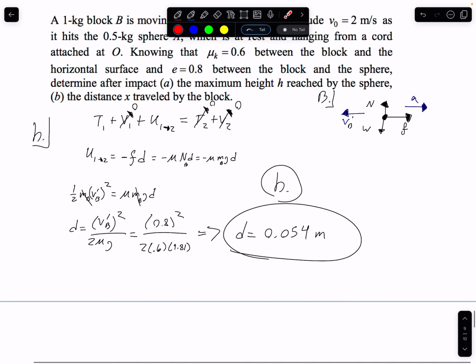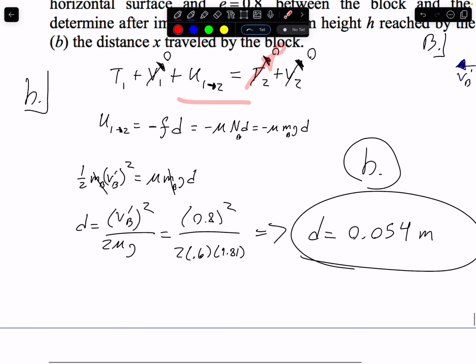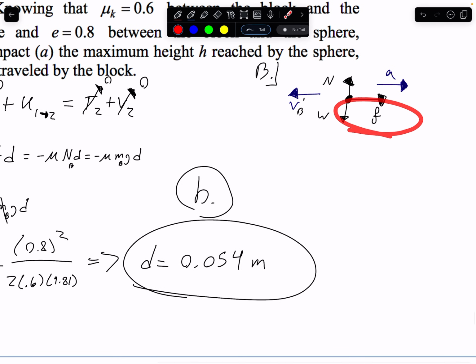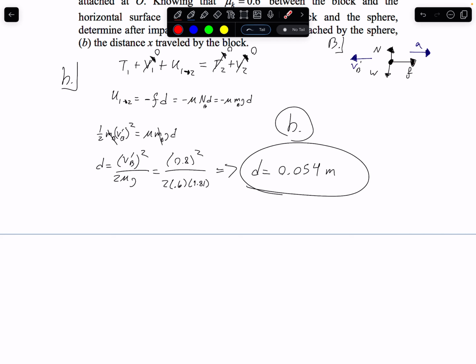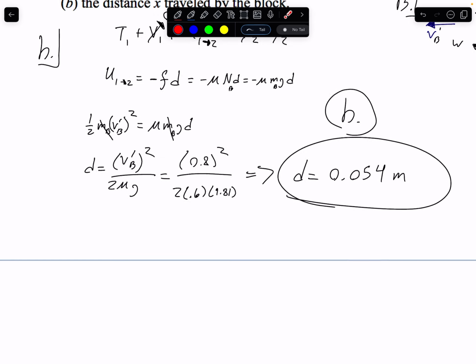And so it doesn't have any potential energy at the beginning or the end, so we just take that out, and we know that it has 0 energy at the end, so that means work is done, and we know that work is equal to the force of friction times the distance, and friction is equal to the normal force times mu, or just negative mu times mg times d.